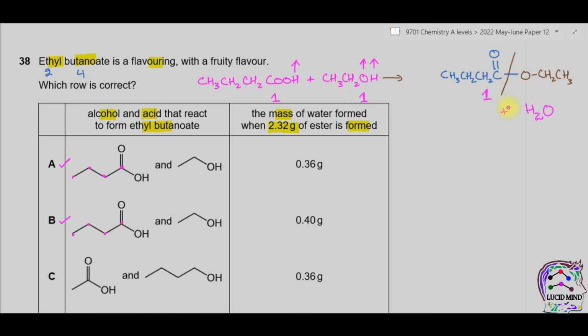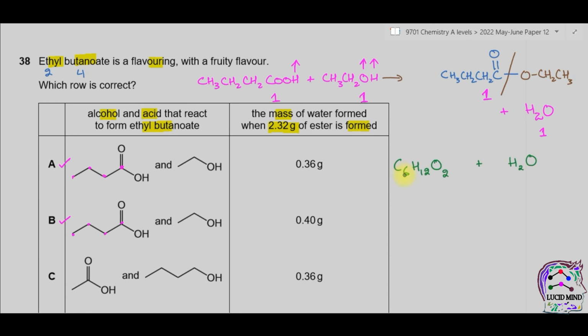It forms 1 mole of ester along with 1 mole of water. So they have given the mass of ester. Let's find the molecular formula and then we can find out the number of moles. So this ester contains 1, 2, 3, 4, 5, 6 carbons. We have C6, 12 hydrogens, 2 oxygen atoms, and we have H2O.